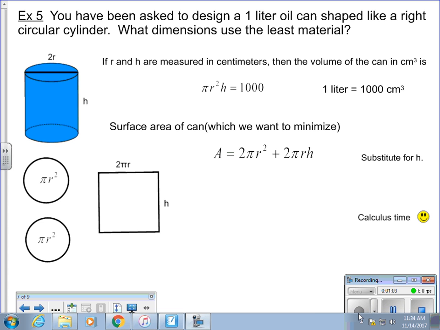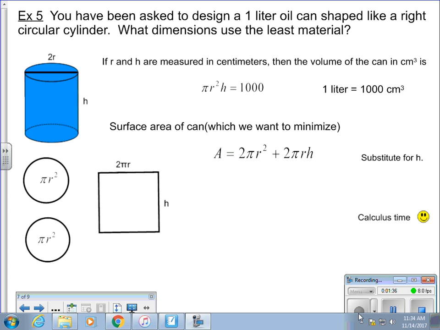Now, here's the deal. I have a particular volume, 1 liter. I want to make a can that holds 1 liter, and I want to minimize the surface area. So this is not an unusual thing when you're designing objects and containers for something, and this happens more commercially than it does for retail.